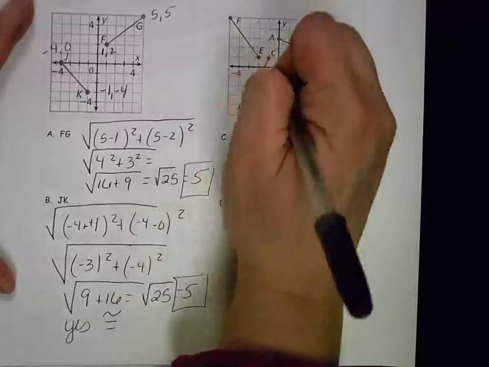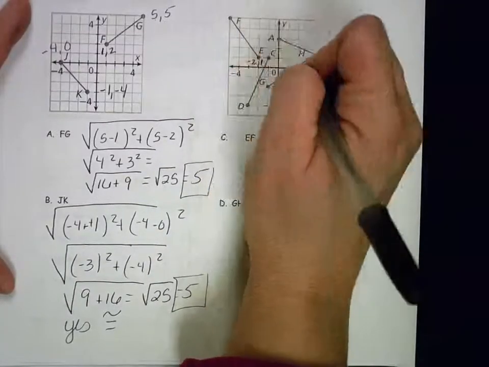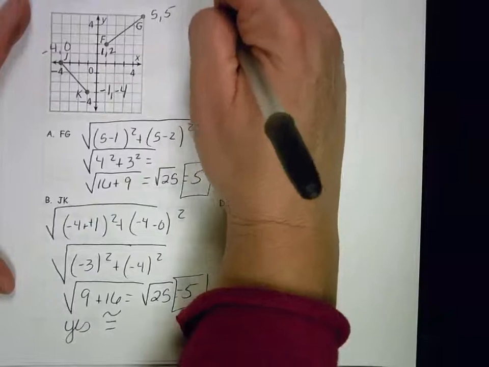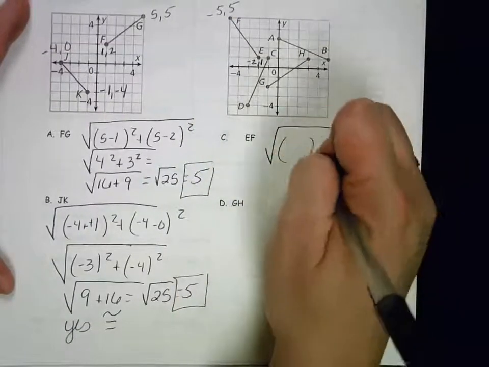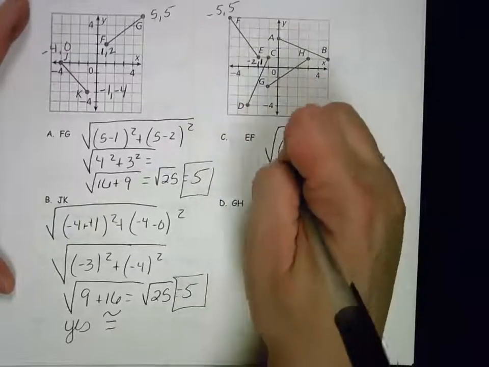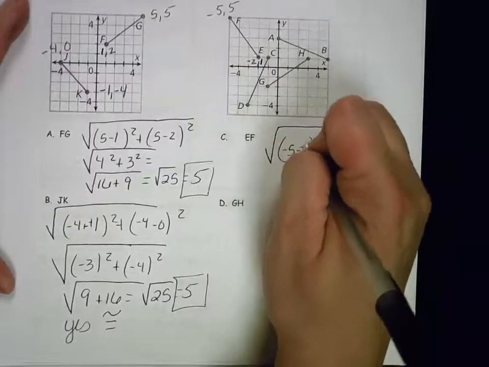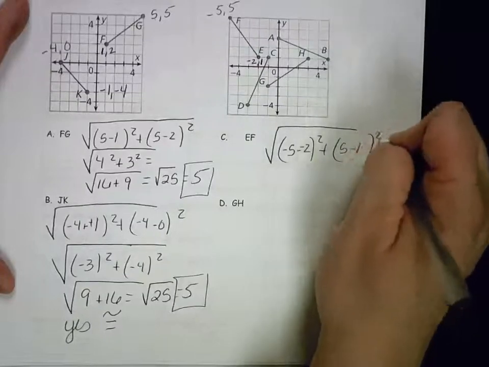EF, E is (-2, 1). F is (-5, 5). So I am going to do negative 5 minus negative 2 and then 5 minus 1.